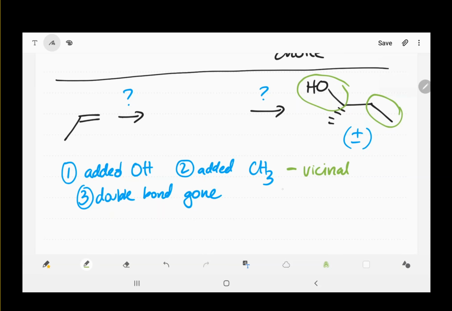So this kind of indicates an epoxide as a kind of, what's the word? I don't want to say intermediate, but kind of an intermediate. As an intermediate, why not? I'm going to put that in quotes because it's not really an intermediate.